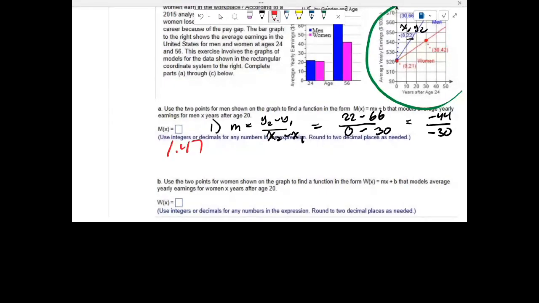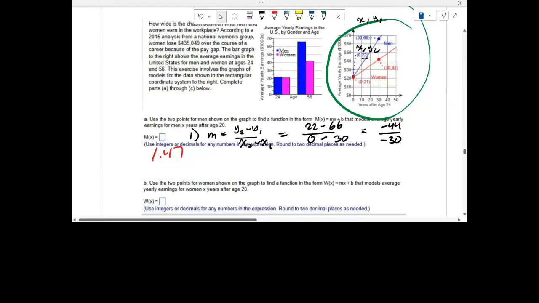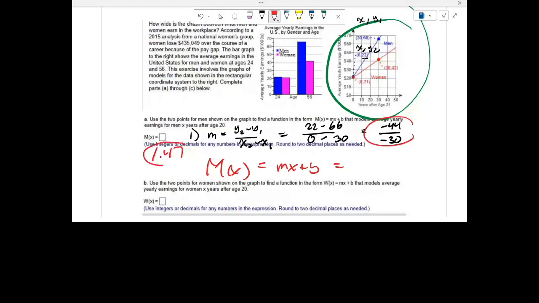Okay. Now, the next thing we're going to do, we haven't even finished part A yet. So that's just the first part. That's the M. Now look, when we're going to write this MX business, the way we have it right here, we're going to go like this: MX plus B. We just found our M by getting that number 1.47.